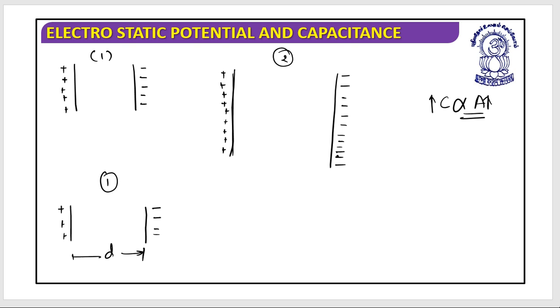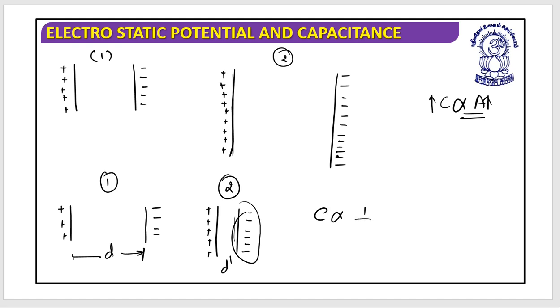So here the minus charges would be there, and if this is the second capacitor, you might observe that as soon as you decrease the separation between two plates of a capacitor, that means you may have a larger amount of induced charges, and as soon as you have more induced charges, you must be having more capacity. I hope this is clear.